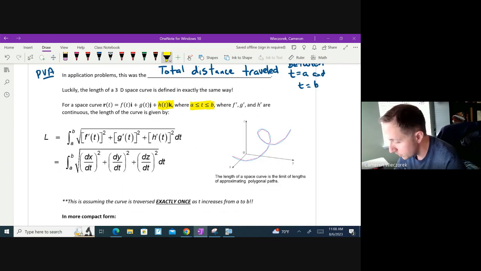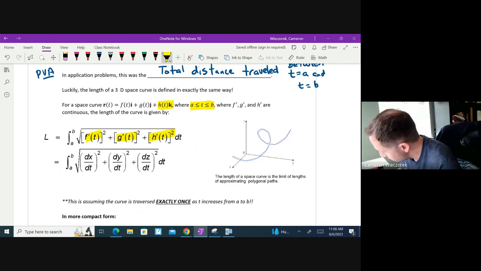We're going to take the square root of f prime of t squared plus g prime of t squared plus h prime of t squared, or written in differential notation, dx dt squared plus dy dt squared plus dz dt squared. And remember from last year, what we're doing is approximating the length of this curve using little polygonal paths.